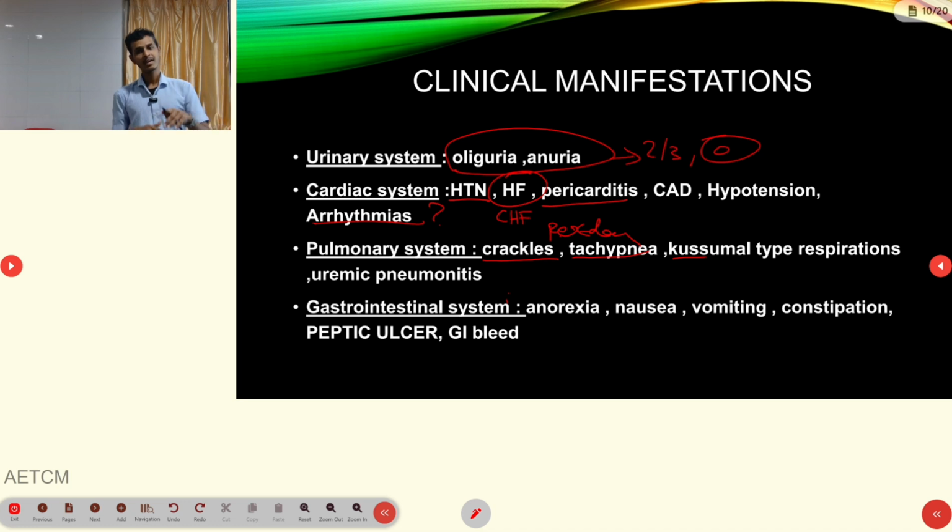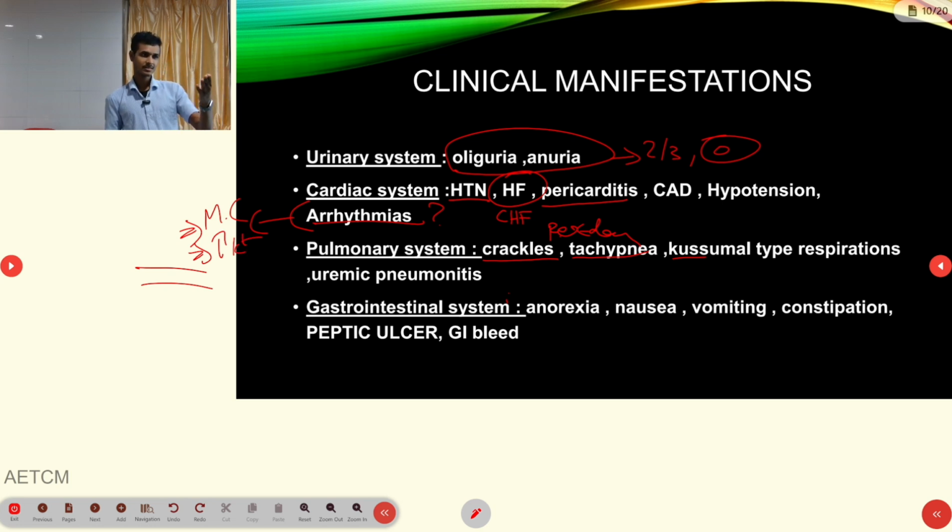That acid acts on the blood vessels, which dilate, leading to hypotension, and it irritates your myocardium, leading to arrhythmias. Arrhythmia can occur because of metabolic acidosis and also hyperkalemia. These are the reasons for arrhythmias.